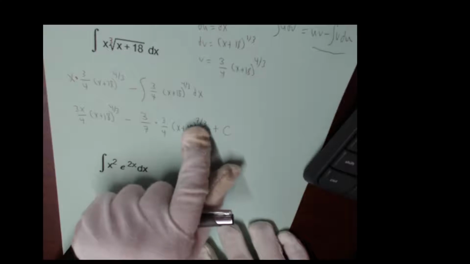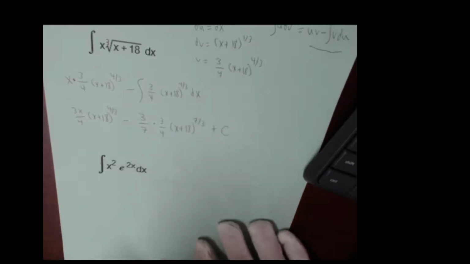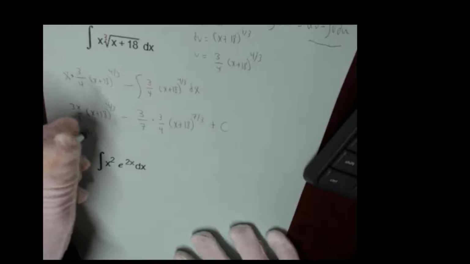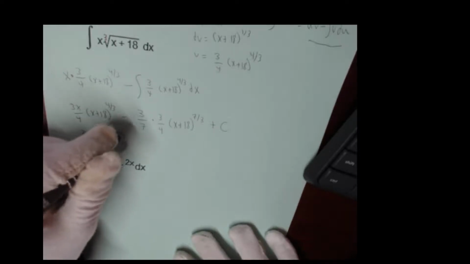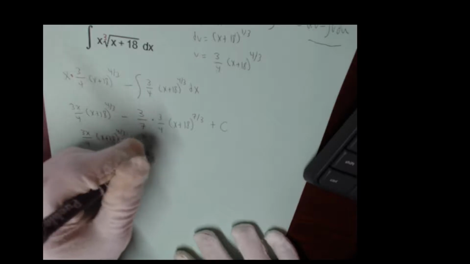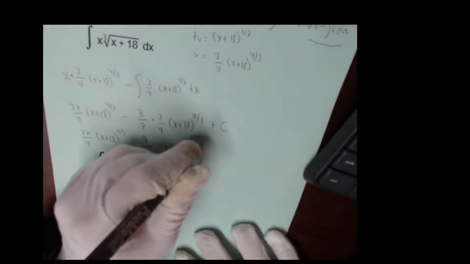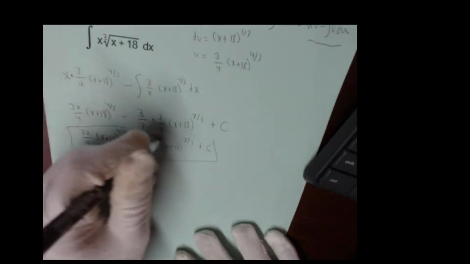Then this goes down by 1, so we get 4/3, and we get what we had right here. And I promise you will get better at that with just a little bit of practice. So the answer is 3x over 4 times x plus 18 to the 4/3 minus 9/28 times x plus 18 to the 7/3 plus c, and we can just leave it just like that.